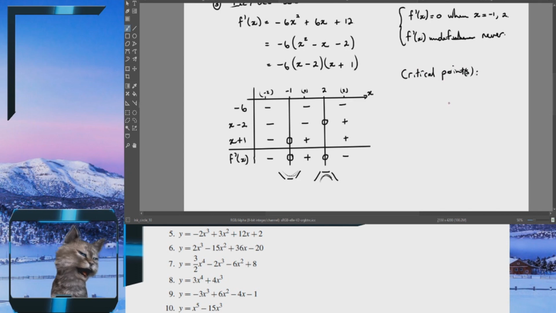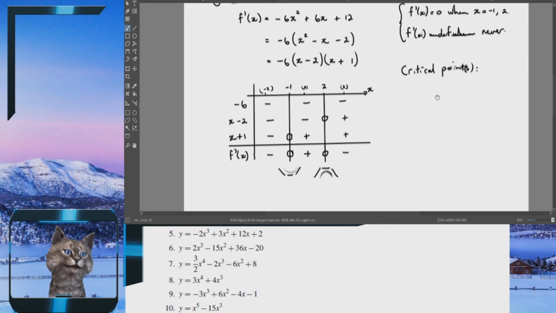Now, critical points, I have to have an actual point on my graph. My function has to be defined at these x values, but they certainly are for both. My function is defined.